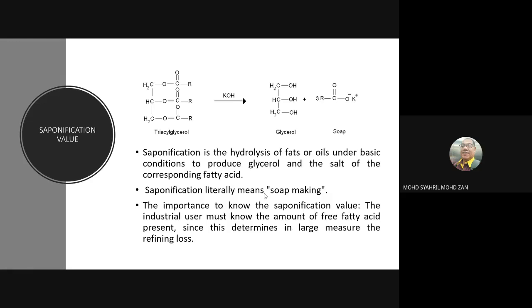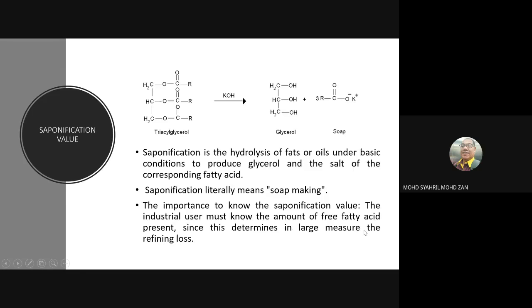Okay, so bila awak tengok dalam penghasilan sabun dan sebagainya, itu datang daripada proses saponification. Even though we can calculate our fatty acid inside there, okay, dengan kehadiran potassium ataupun kalium yang awak gunakan masukkan dalam kita punya rantaian. Okay.